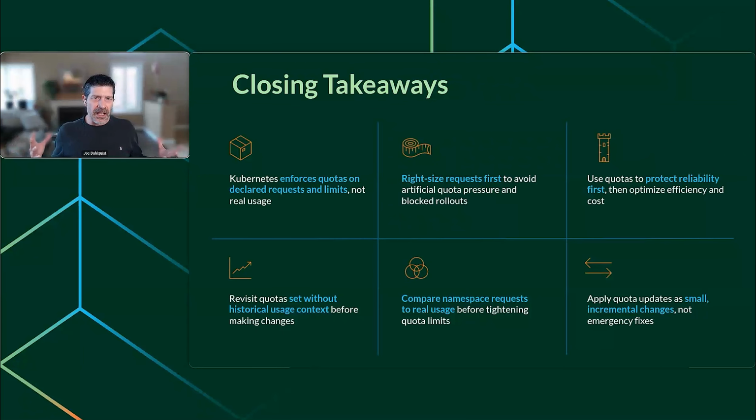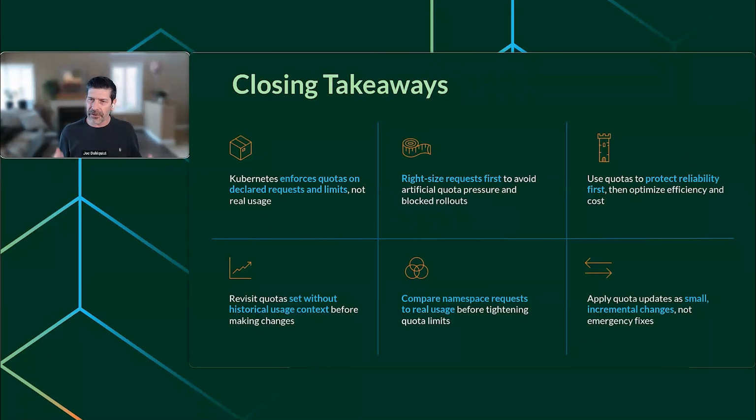The next, you should be right-sizing your request first, right? You don't want artificial or unnecessary pressure being put on those quotas once you implement them and then have that show up later as something like a blocked rollout because a pod doesn't get created. So do some right-sizing requests first to try and ensure that the utilization that you're seeing is appropriate and that the quota you're going to set in turn will also be appropriate.